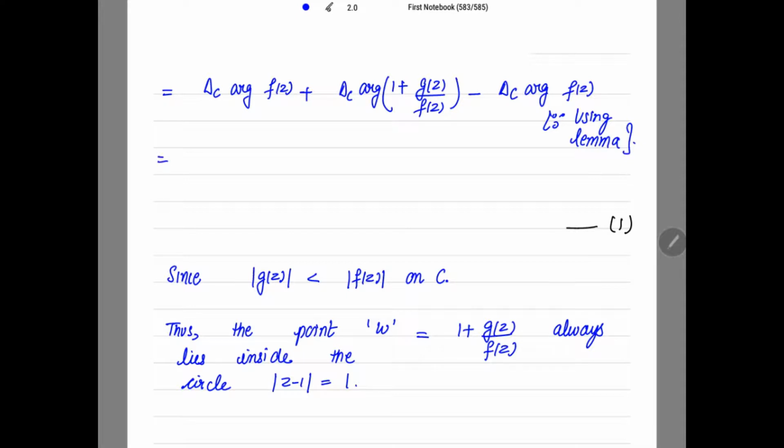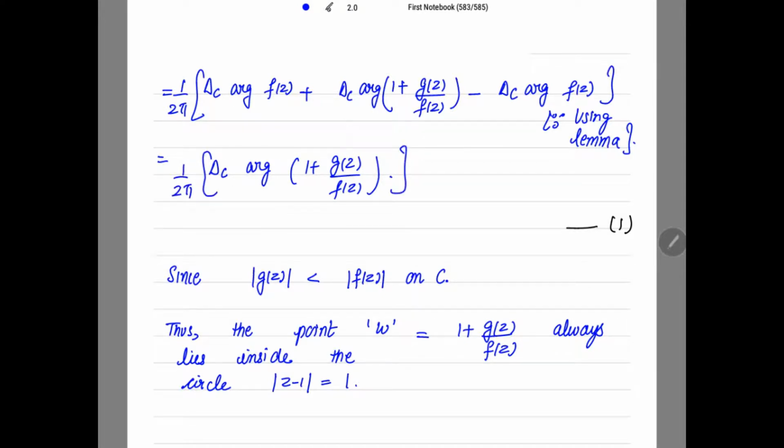So this is equal to, now the first term will be cancelled out with the third term. So we are left with delta C argument of 1 plus g(z) over f(z). Right? 1 over 2 pi is also there. So it is required to prove that delta C argument of 1 plus g(z) over f(z) is equal to 0. This we need to prove now because we need N minus M to be equal to 0.